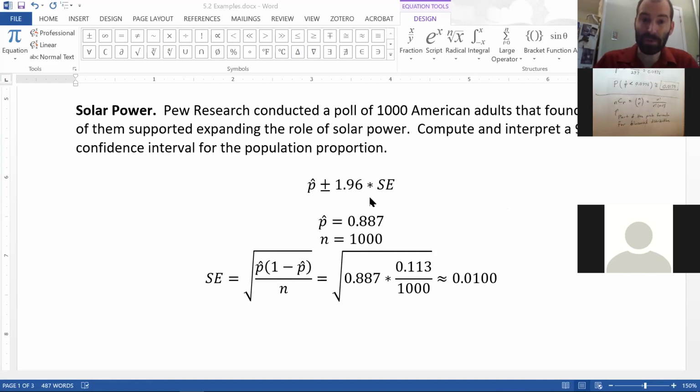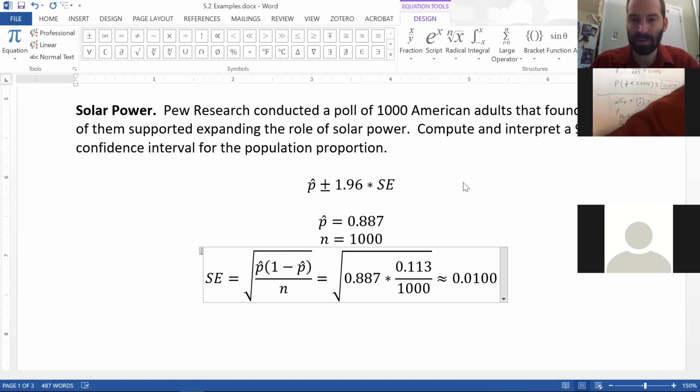But then we have to multiply that by 1.96 to get this thing over here. Now multiply by 1.96. 0.0196. That makes sense.